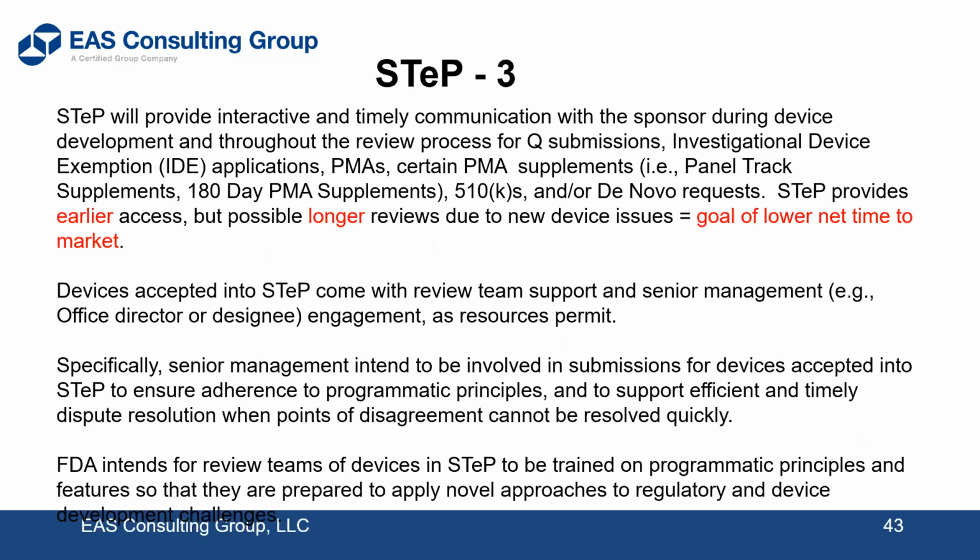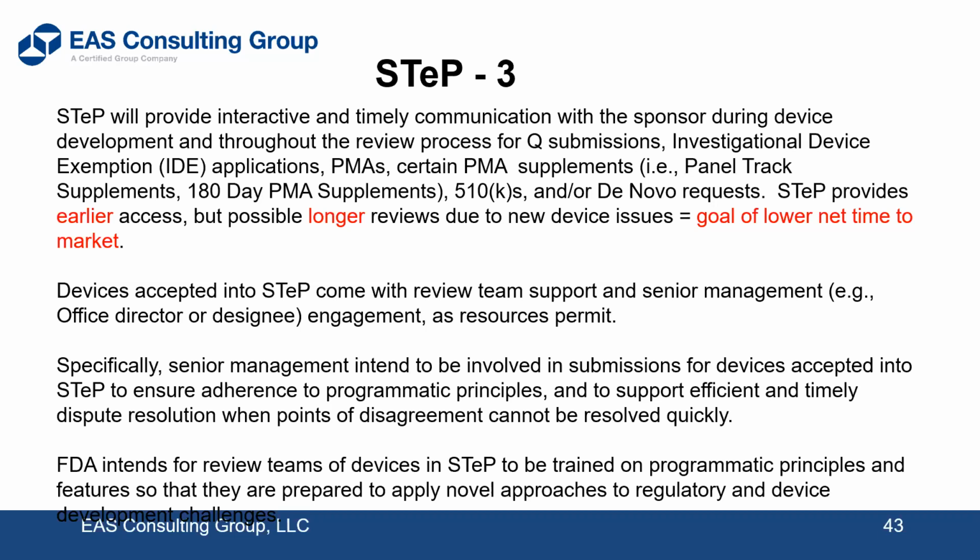So you notice the advantage here: you're getting interaction and communication between you and the FDA. And this is important. In the past, it hasn't always been that easy to achieve that. And the goal is a lower net time to market. So that's the advantage. You don't eliminate the need for a submission, but you have less of a review cycle, even though the FDA is involved earlier on.